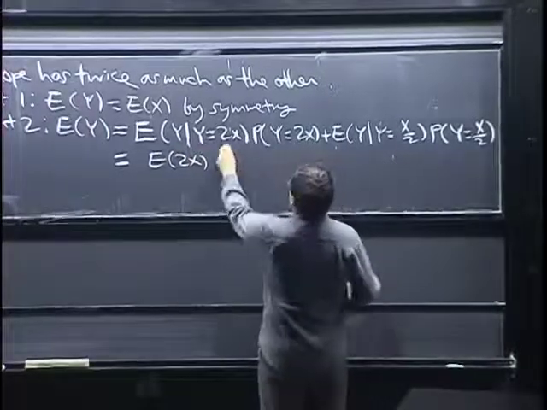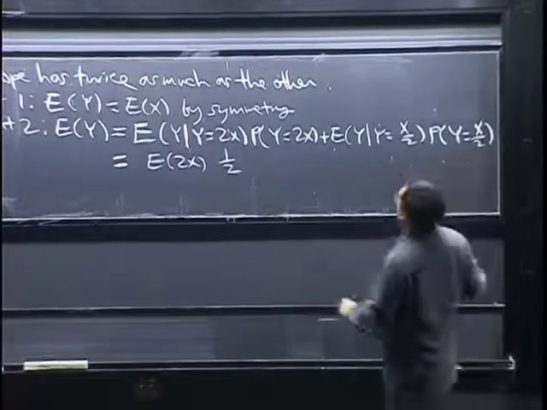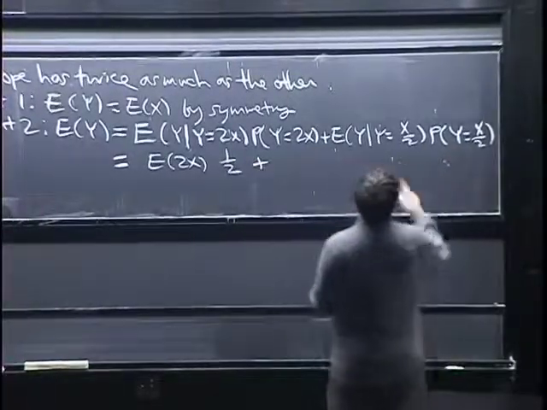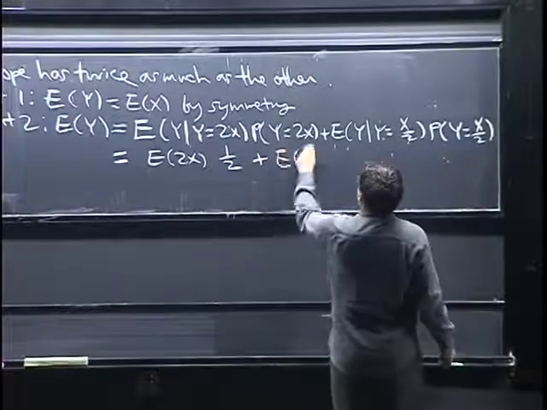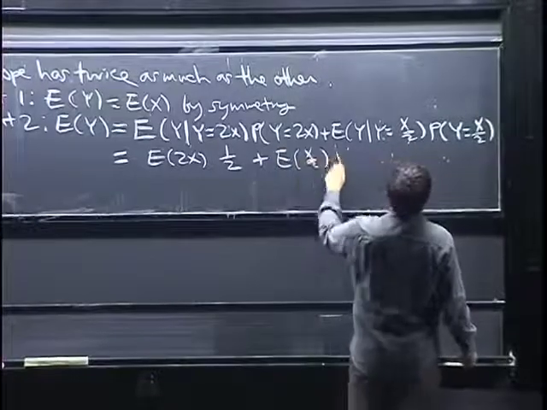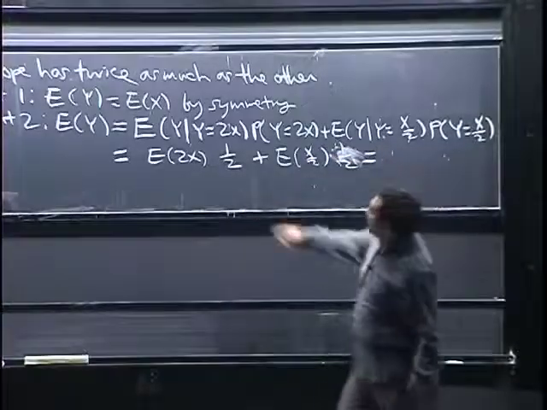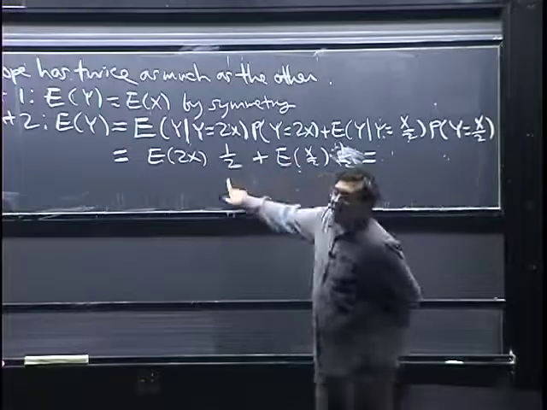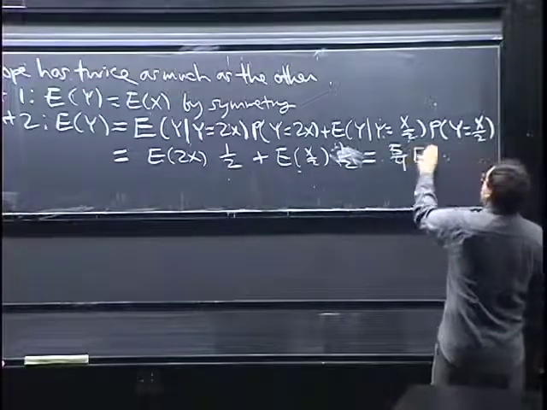By symmetry, it's equally likely that Y equals 2X and Y equals 1/2 X, so that's just 1/2, plus, in this case, Y is X over 2, so we're going to get E of X over 2, times probability, well, that's 1/2 again. And if you simplify this, you can take out the 2, take out the 1/2, simplify, you get 5/4 E of X.